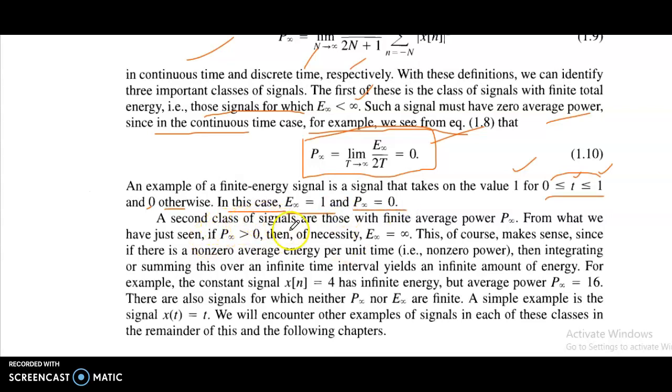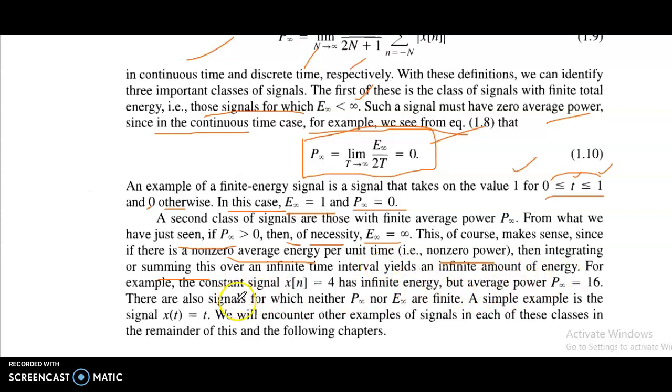The second class of signals are those with finite average power P infinity. From what we have just seen, if P infinity is greater than 0, then of necessity E infinity equals infinity. This of course makes sense, since if there is non-zero average energy per unit time, that is non-zero power, then integrating or summing this over an infinite time interval yields an infinite amount of energy.